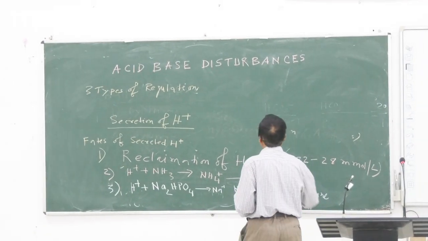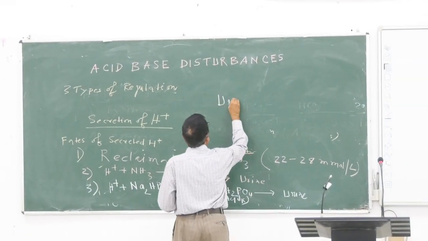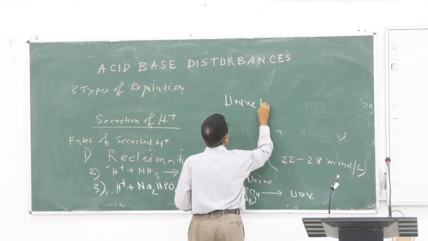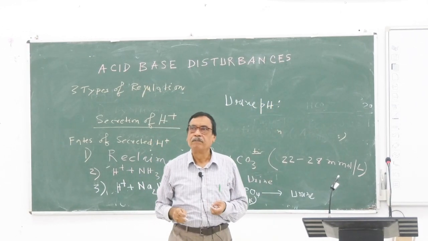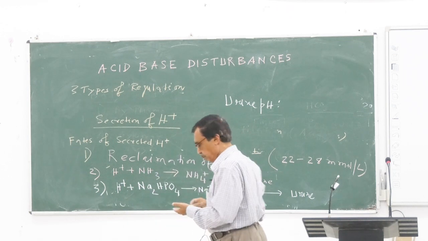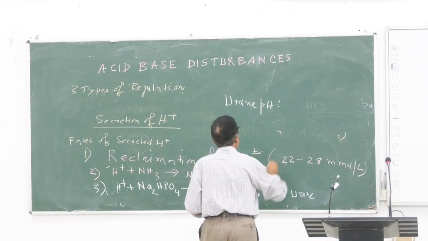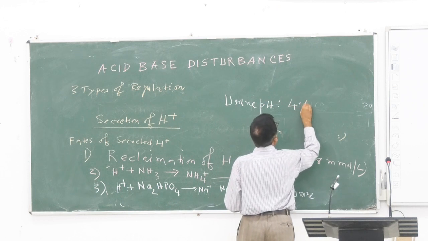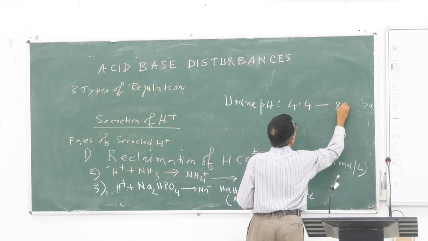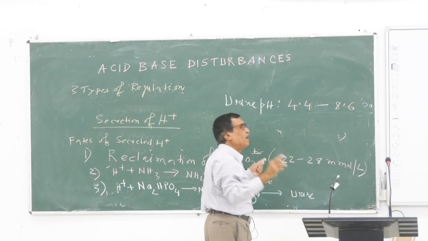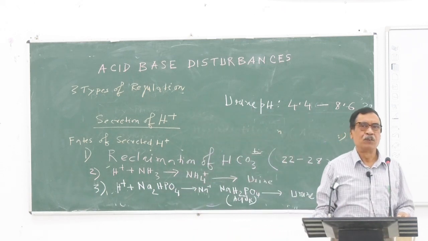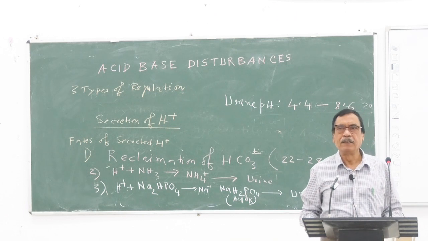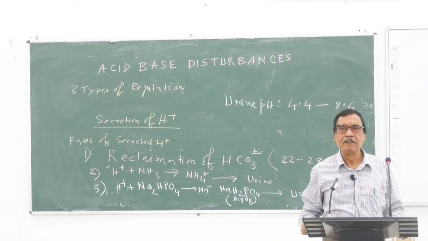Urine pH range is 4.4 to 8.6. So much range. So a much bigger range than blood.